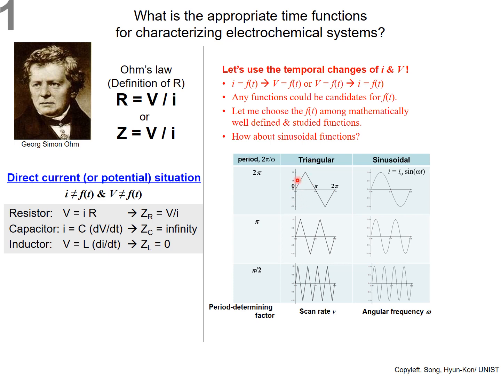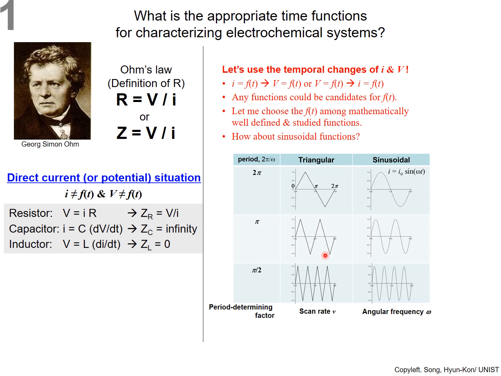I could say this shape is one period, and after shortening the period from 2 pi to pi, you could have 2 cycles within the same time duration.